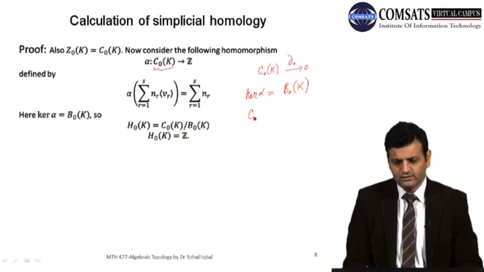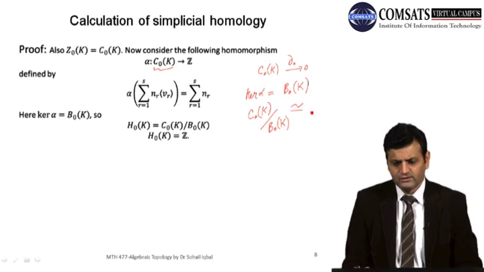Okay, so by using the first isomorphism theorem, this is isomorphic to Z because this is an onto homomorphism.